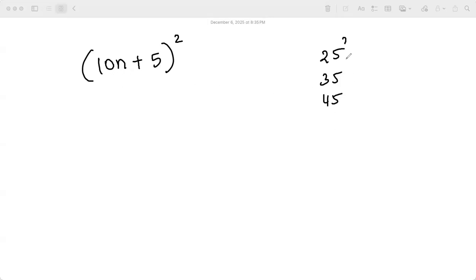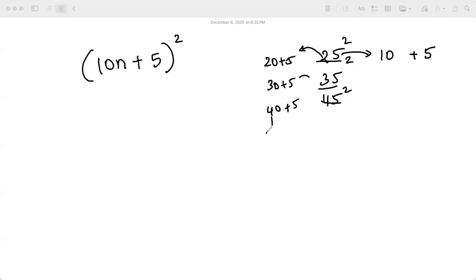Now, all these base numbers, can they be expressed as 10 times some number plus 5? When you think about it, this is 20 plus 5, this is 30 plus 5, this is 40 plus 5. So it is always 10 times a digit.